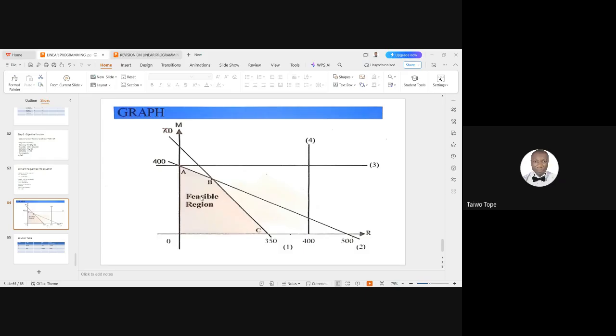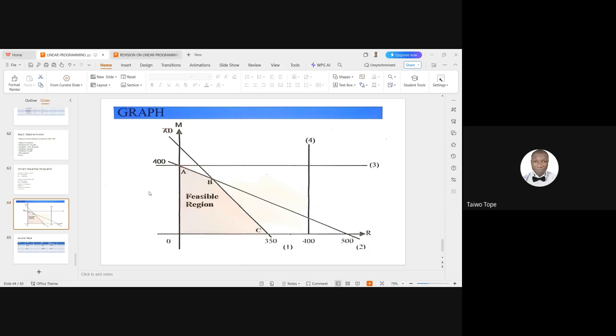At point B, something is happening here. What are we going to do to determine the value of contribution here? We don't know.